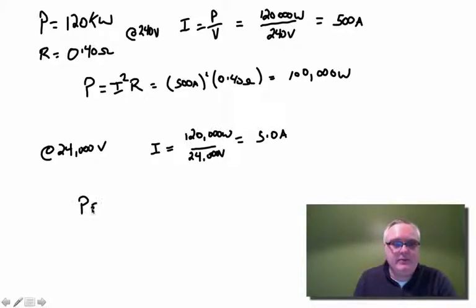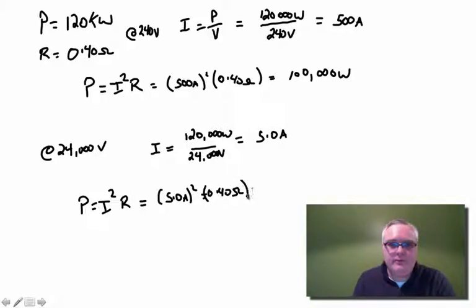And if we transmit a lower current over that resistance, we get less electrical power lost. So 5 squared times 0.40 ohms, that works out to be only 10 watts of lost power. So we transmit electricity at high voltage and low current to reduce the amount of power we lose during transmission.